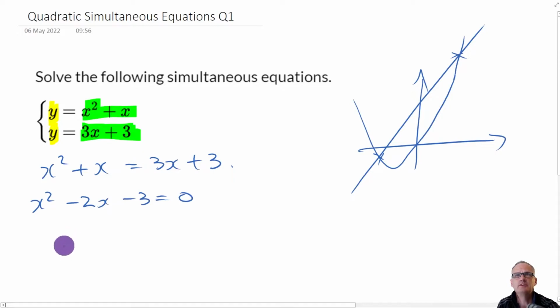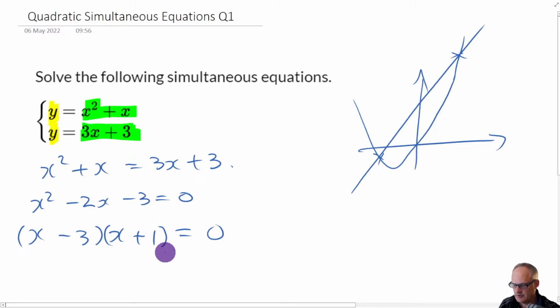And generally, in the GCSE papers, you will have factorizable quadratics. So let's have a go at factorizing it. We've got x and x at the front. And what multiplies to give us our minus 3 and adds to give us minus 2? Well, if we do minus 3 and plus 1, that will give us our minus 2x, because minus 3 times x is minus 3x, and 1 times x is x.